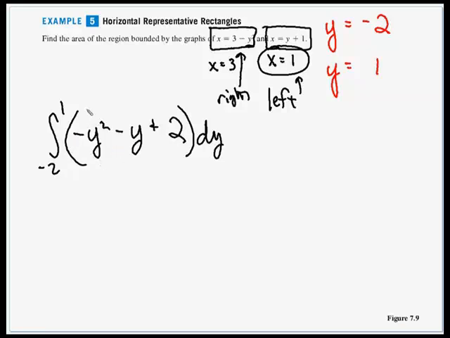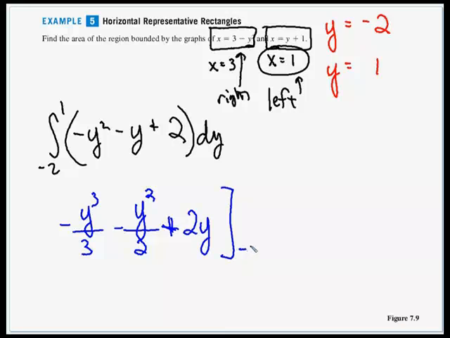Negative y to the second power is going to become negative y to the 1 power higher, divided by that new power. Minus y to the first becomes y squared over 2. Plus this becomes 2y. And we are integrating from negative 2 to 1.